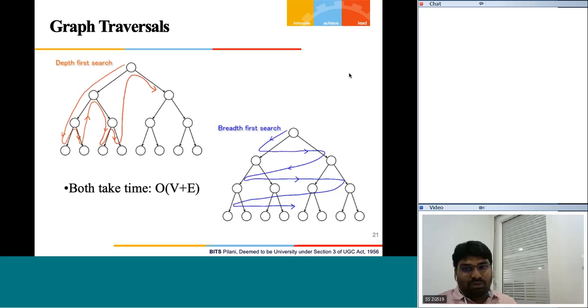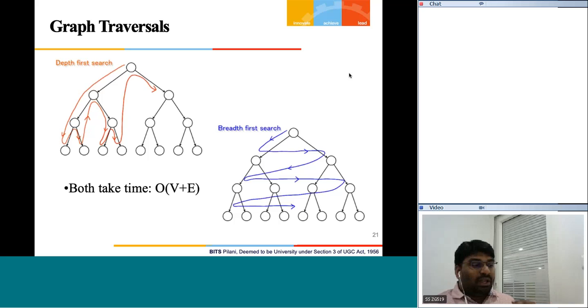I told you that the time complexity is going to be order of V plus E. Why is it order of V plus E? Since I am traversing all the vertices and all the edges. Technically, I am trying to visit the whole graph, right? So that's why it is order of V plus E.